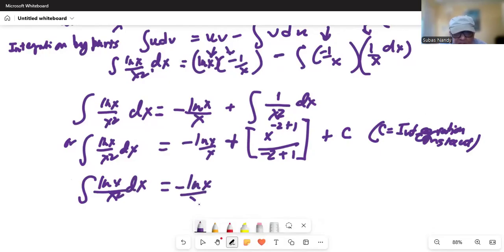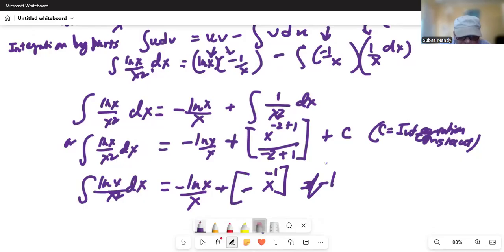by x. Now this will become plus, minus, actually minus 2 plus 1 is minus 1 in the denominator, and this becomes x to the power of minus 1. Oops, sorry, I forgot the integration constant.